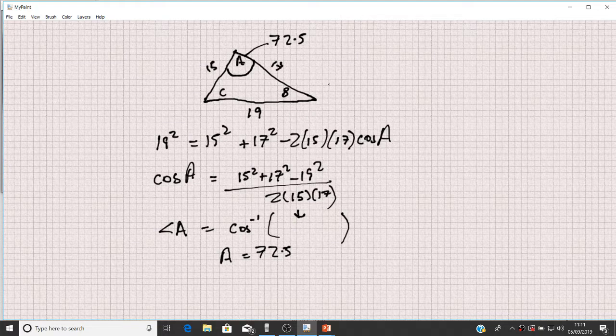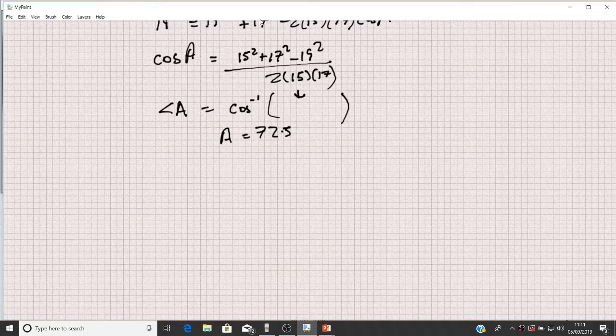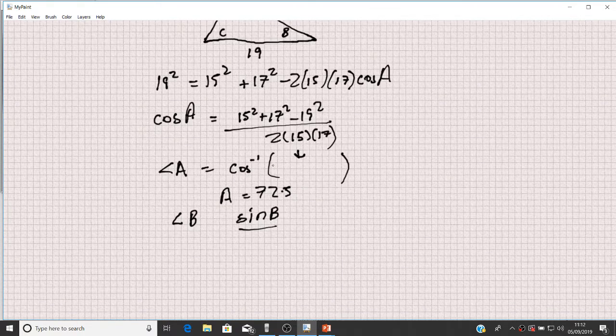Now we need to find B and C. Well, we can use the sine rule. So I guess if we want to look for B next, sine rule, angle at B. So we're going to say sine B over the length opposite, which is 15, equals sine of 72.5 over the length opposite, which is 19.